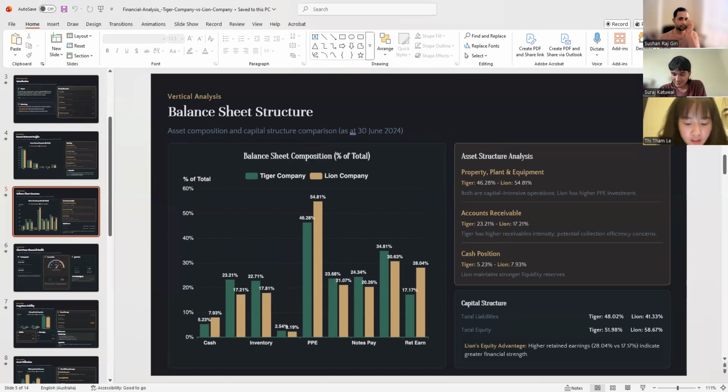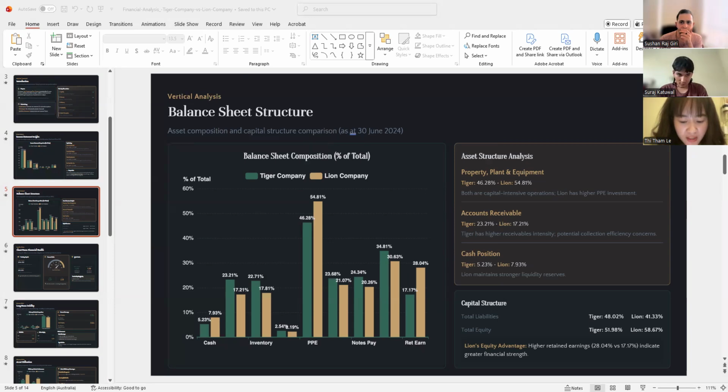We begin with vertical analysis of the income statement, where all items are expressed as a percentage of sales. Tiger Company reports a cost of goods sold of 70.85%, while Lion Company reports 71. A higher gross profit margin of compared to Tiger 26.15%.